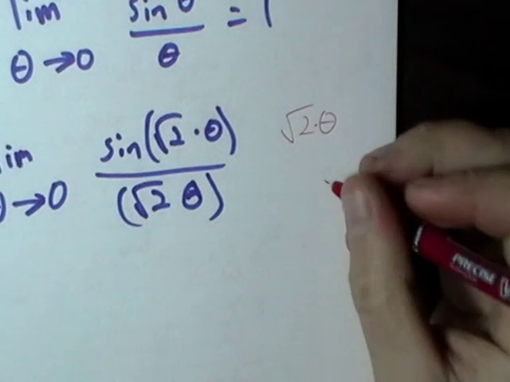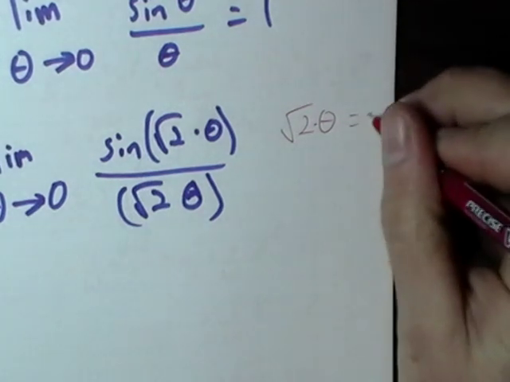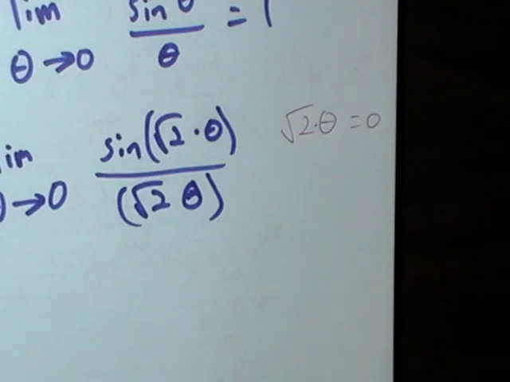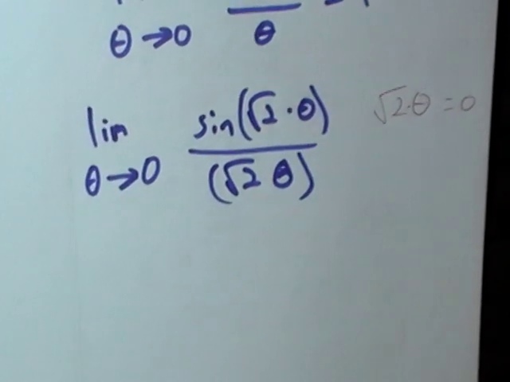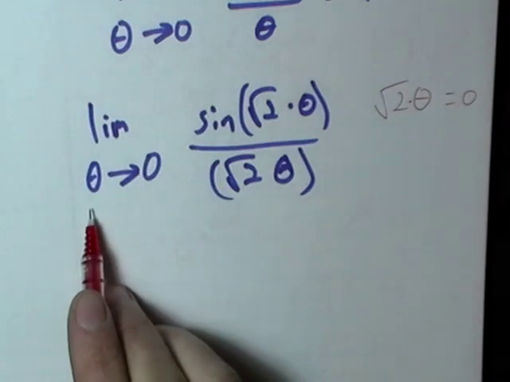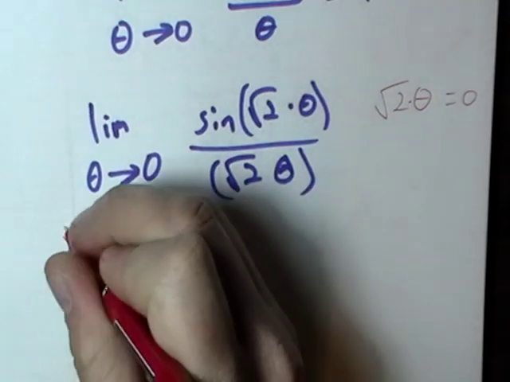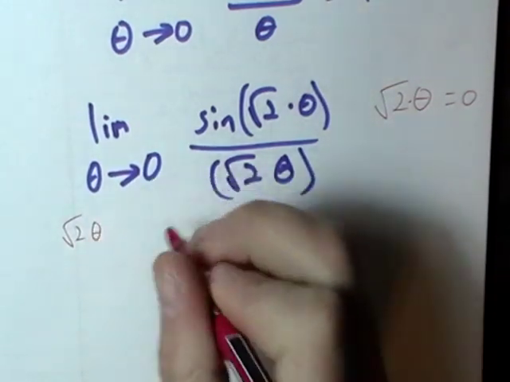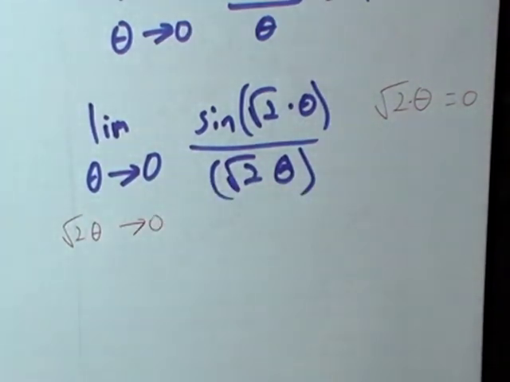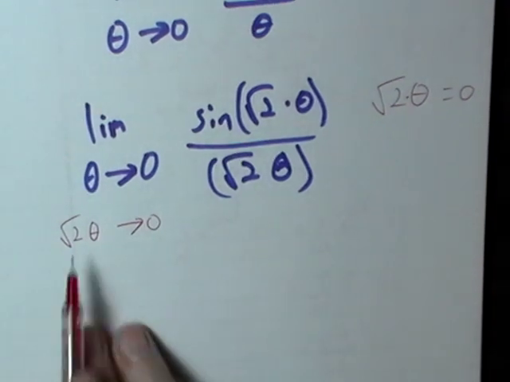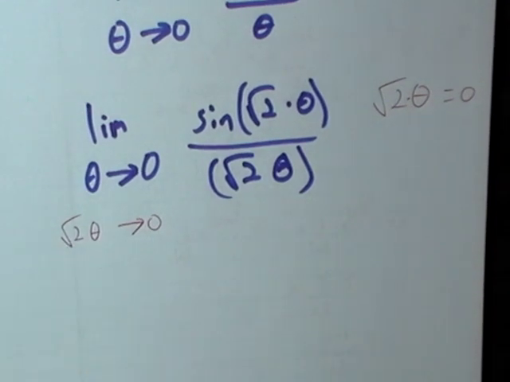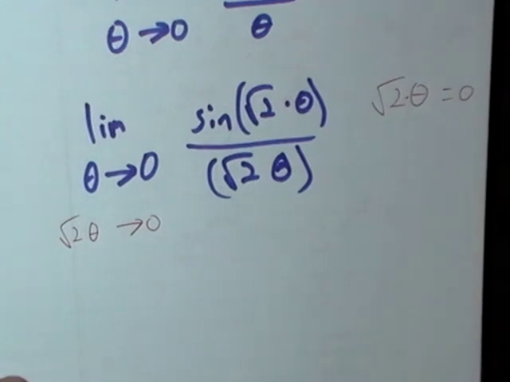If theta equals 0, then this thing is going to equal 0. So the thing to look at is, as theta goes to 0, square root 2 of theta is also going to go to 0, because 0 multiplied by square root of 2 is equal to 0. So it's going to be 0 either way.